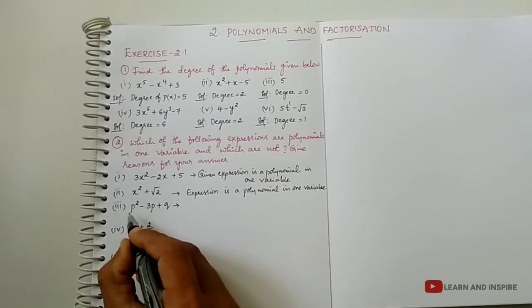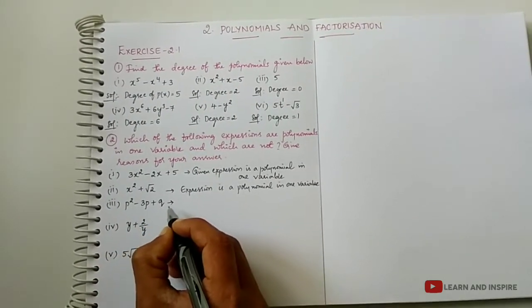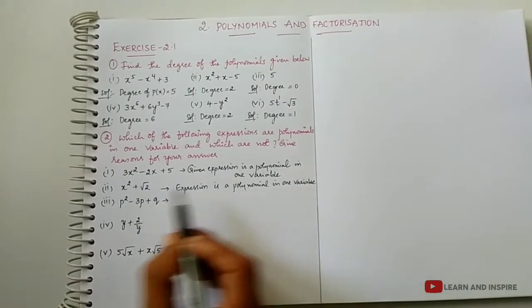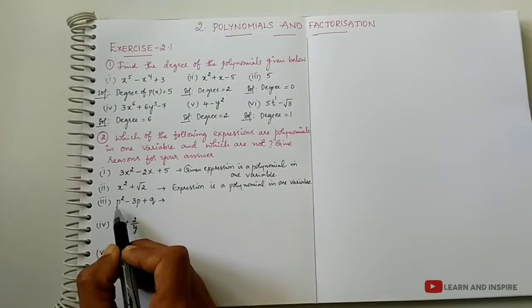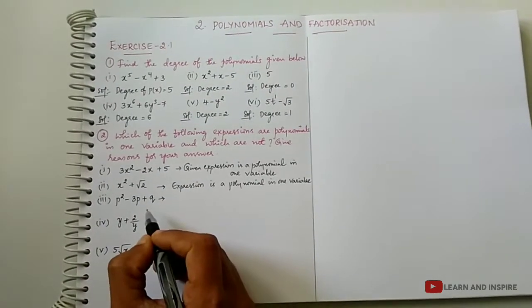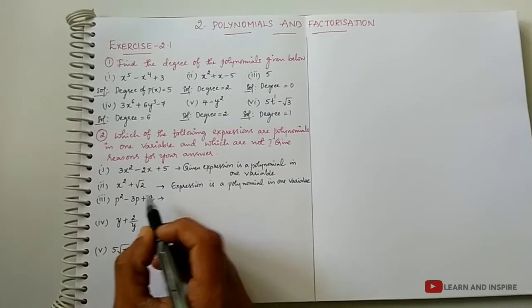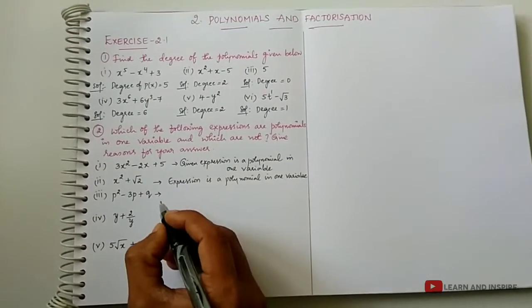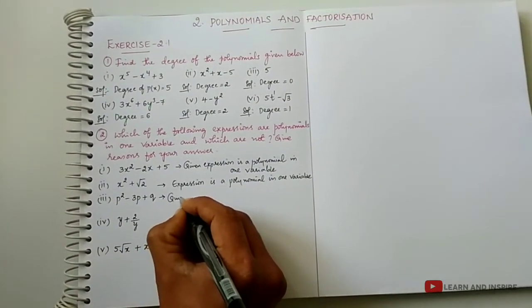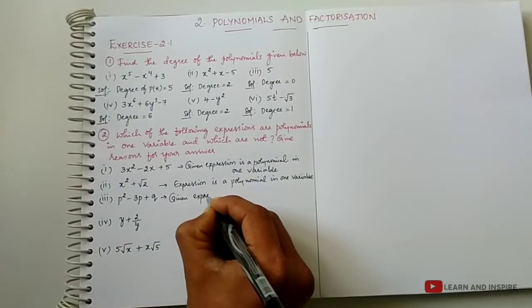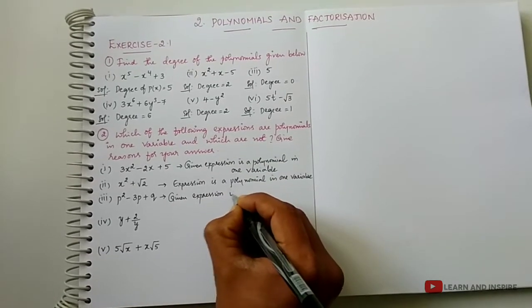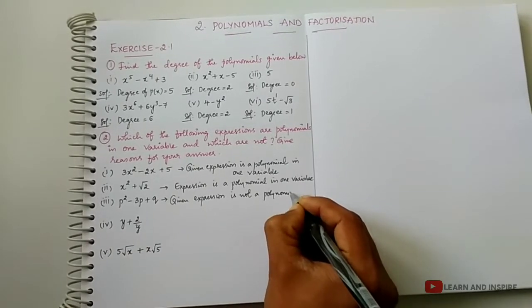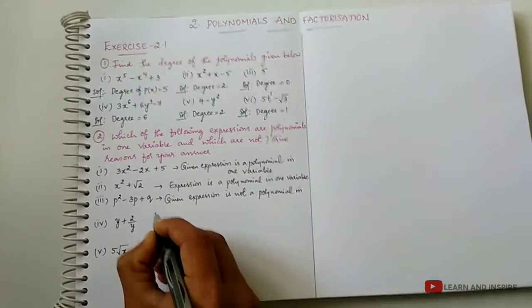Now the third one, p square minus 3p plus q. Is this a polynomial in one variable? No, because here we have two variables, that is p and q. It is a polynomial in two variables, but it is not a polynomial in one variable. So I write: the given expression is not a polynomial in one variable.